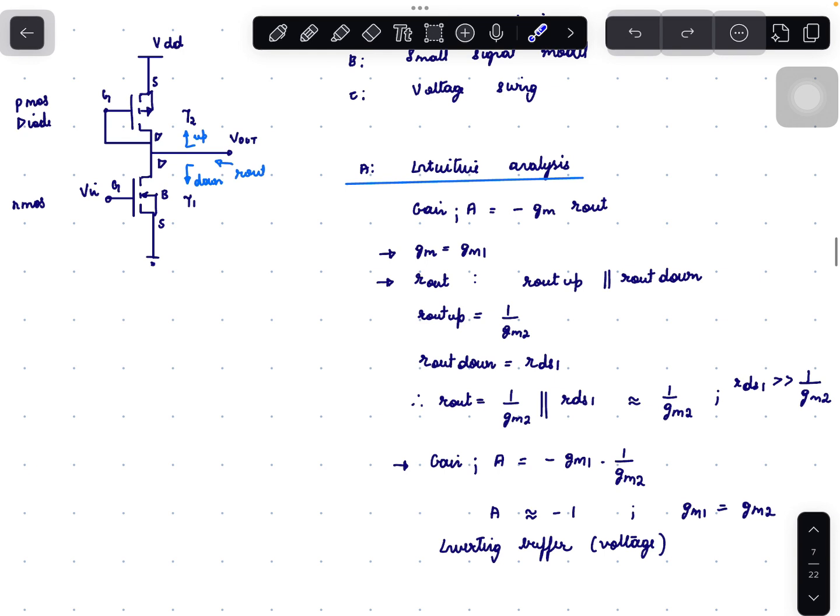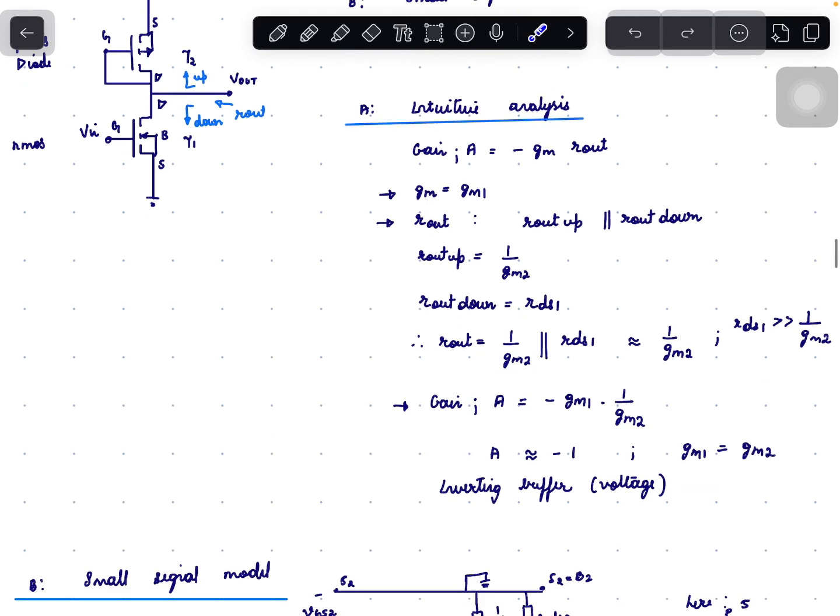So here we know that RDS1 is a large value in mega ohms and 1 by GM2 is a small value. So 1 by GM2 parallel with RDS1 will be equal to 1 by GM2. So the gain of the circuit is nothing but gain equals minus GM1 times R out, that is 1 by GM2.